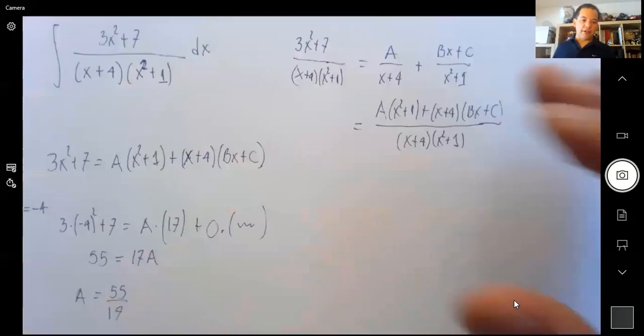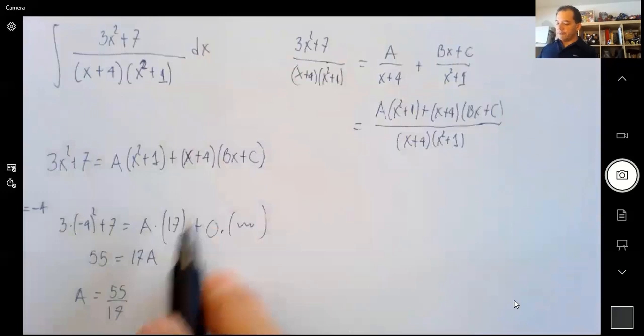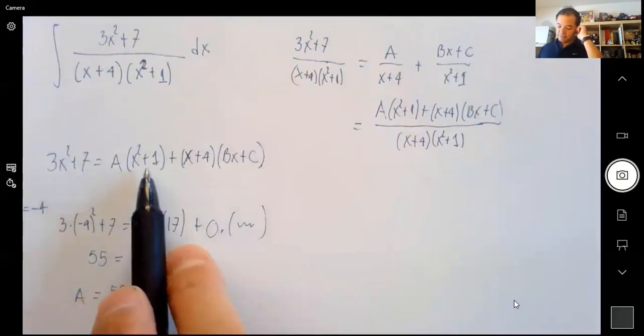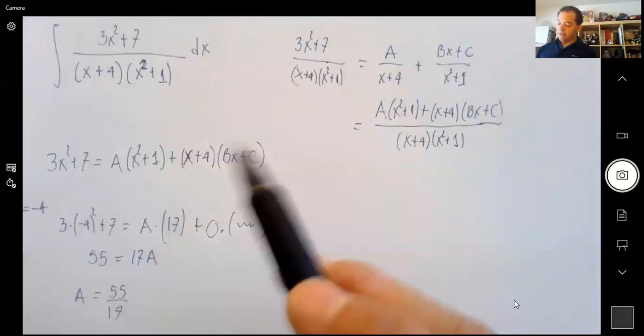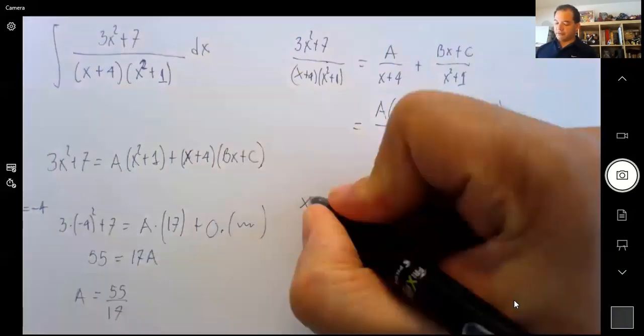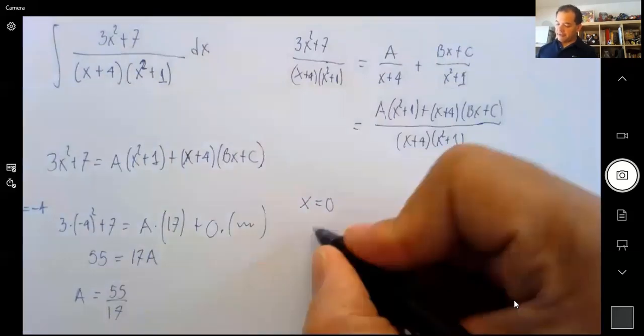Like I told you, because I just invented it, the numbers are not pretty, but that's good because then we get appropriate practice. So that's my a. Now more values. There aren't any more good ones because this is irreducible, but one that is always great is 0. So 0 is easy to plug, right? Then this will be 7.